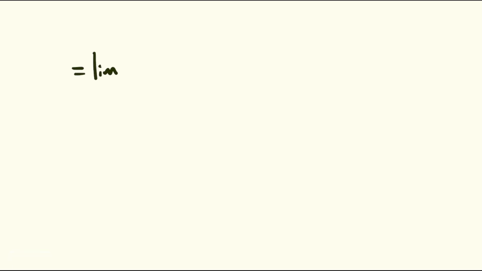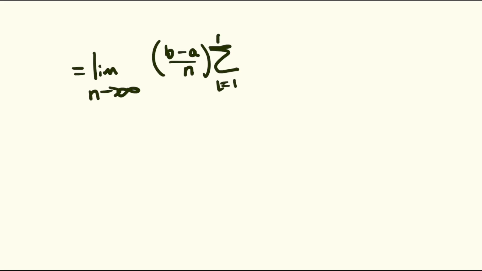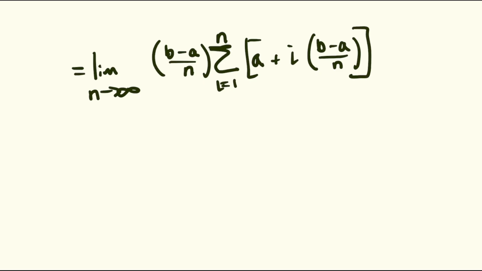So we're going to have our limit as n goes to infinity of (b minus a) over n, and then we have our summation i equals 1 to n of a plus i times (b minus a) over n.